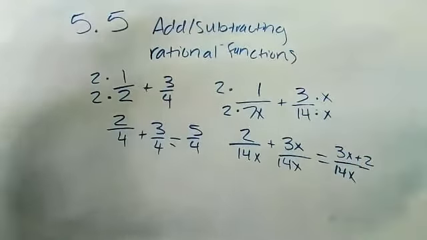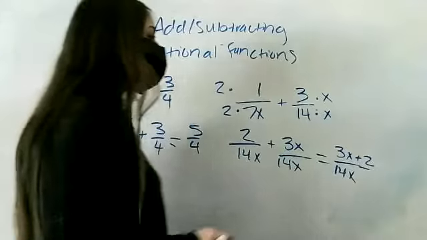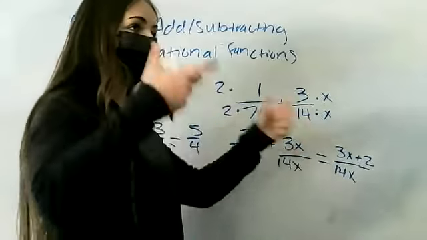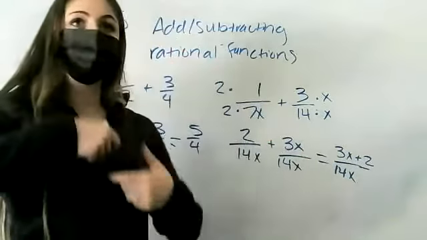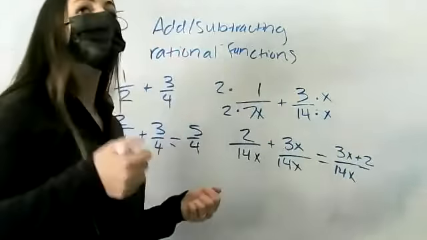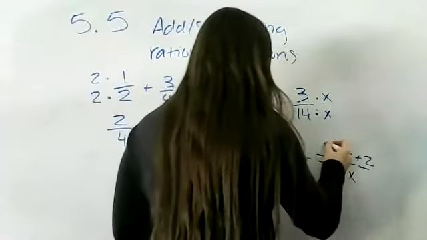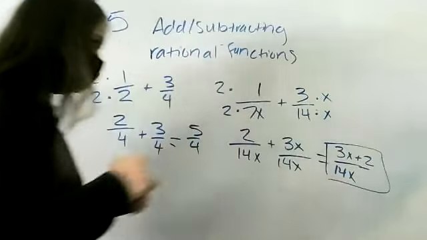Is 14x factorable? No. Is 3x plus 2 factorable? No, because when I think about factors of 3 and 2, they don't have any in common except 1. So because I can't factor this to get 2 terms multiplied together to cancel out, this is the most simplified form. So that would be your final answer.